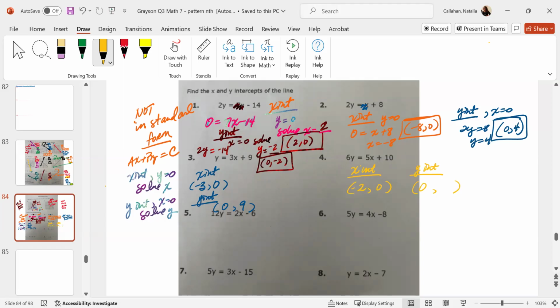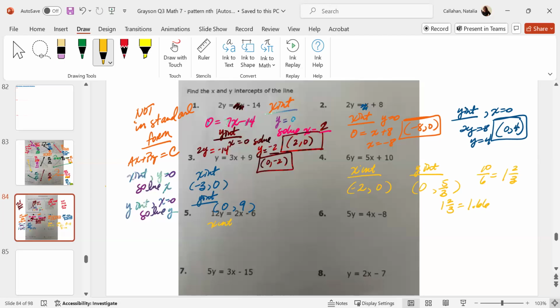So you cross out the x, y is 10 over 6, which is 5 over 3, right? Or you could do 1 and 2/3.